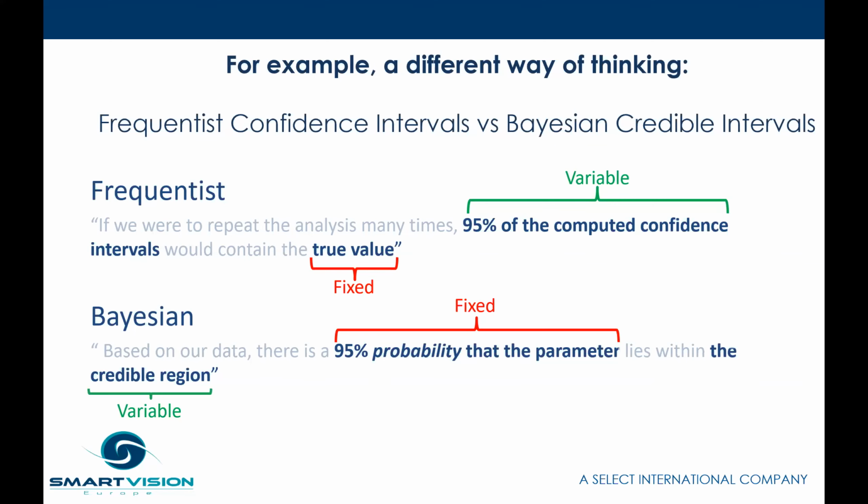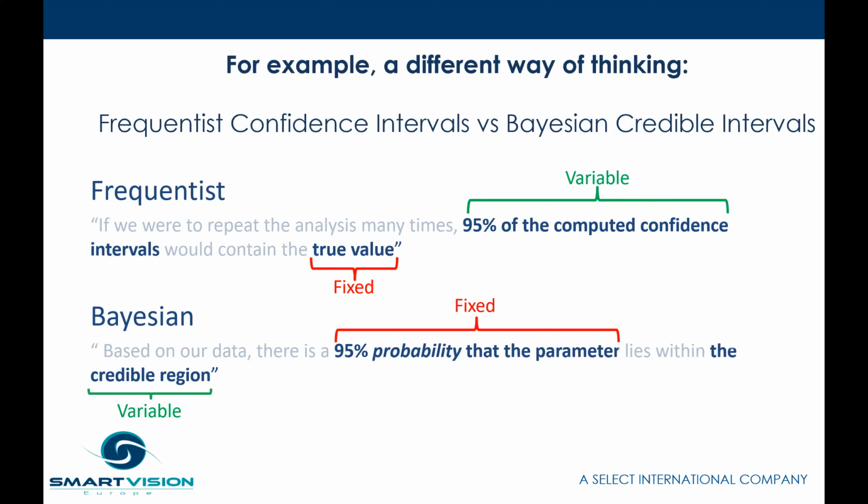Whereas in the Bayesian world, the intervals I'm giving you are what it calls credible intervals as opposed to confidence intervals, and they're interpreted in a very similar way. But here in the Bayesian world, we say that there is a 95% probability that the parameter lies within the credible region.